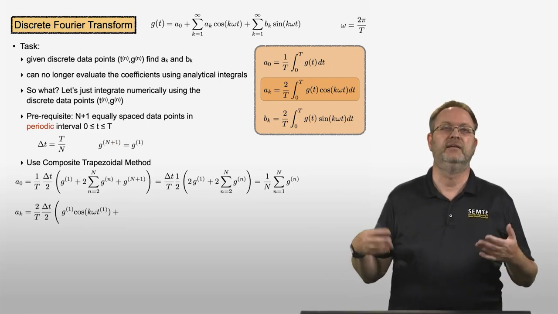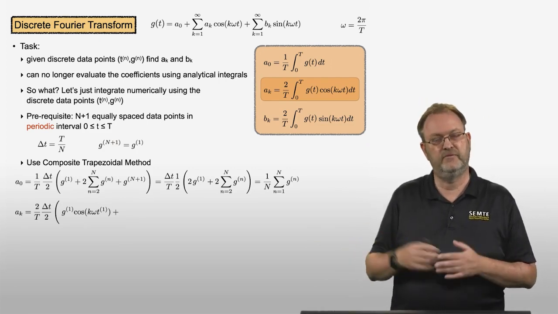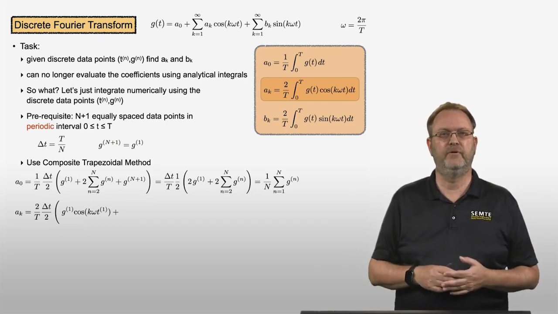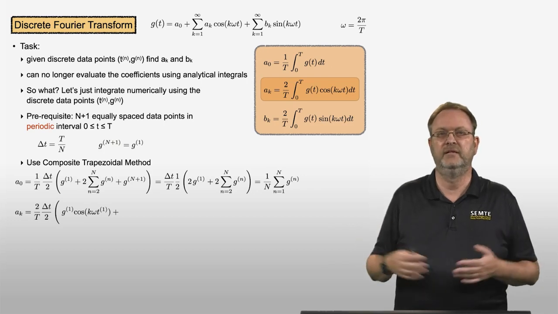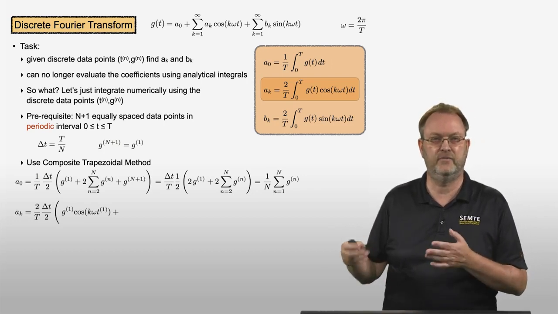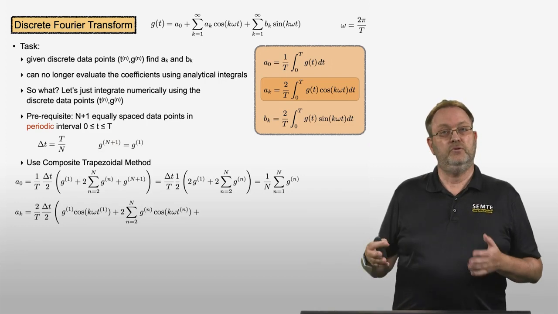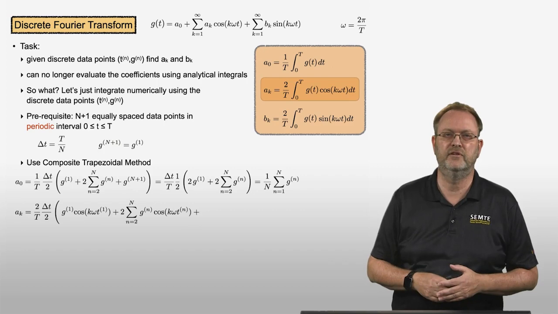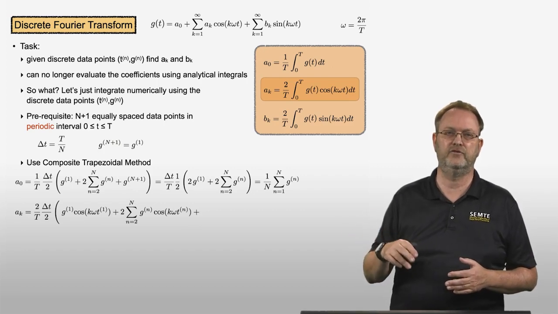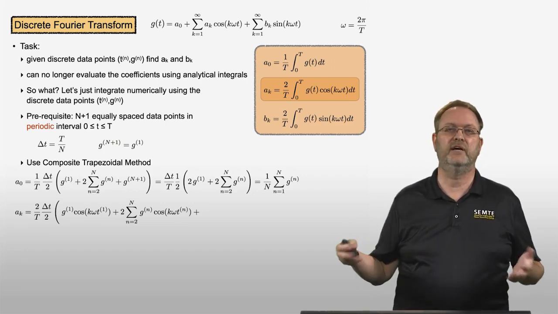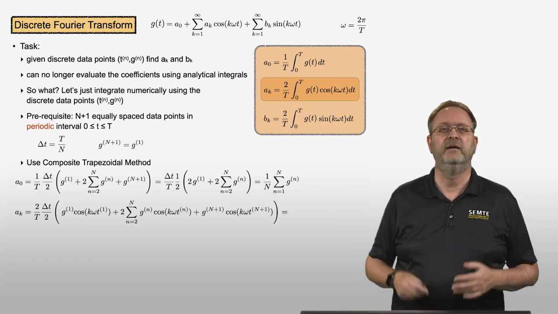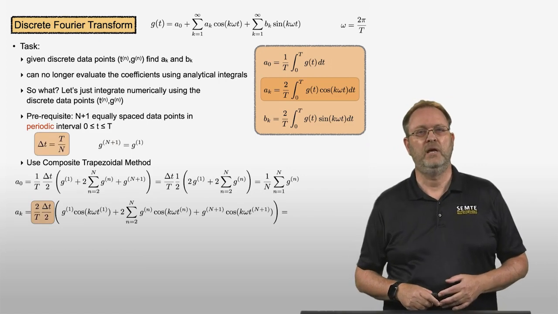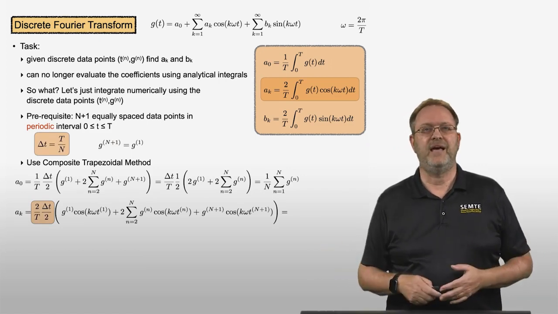So times delta t over 2, step size, subinterval size divided by 2, times whatever the integrand is at the first data point, so that's g at 1, times the cosine of k omega t at 1, plus 2 times the integrand evaluated at all the intermediate data points, so gn, right, where little n goes from 2 to uppercase N, times the cosine of k omega tn, plus then 1 times the integrand at the very last data point.